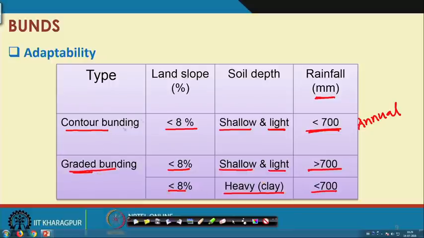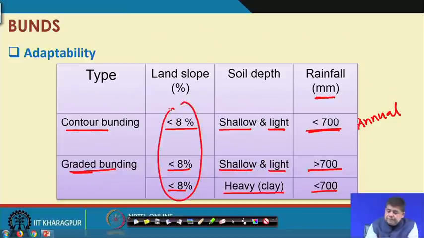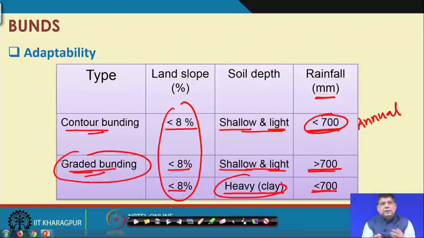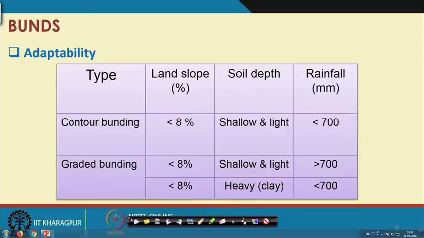So, these are the conditions: slope in any case for bunding should be less than 8%; if rainfall is less than 700 and soil is shallow and light, we go for contour bunding. If it is less than 700 but heavy soil, we go for graded bunding. If greater than 700, even for shallow and light soil, we go for graded bunding. So, these are the adaptability conditions for the two major types of bunds, which we will see in the next few lectures also.